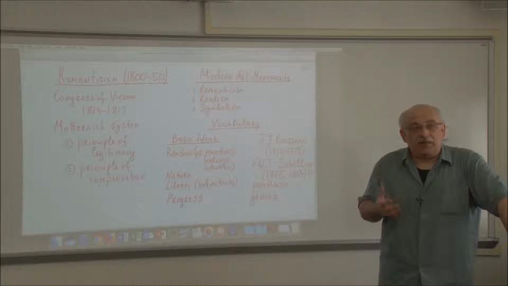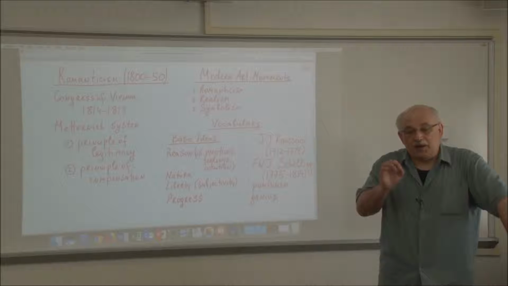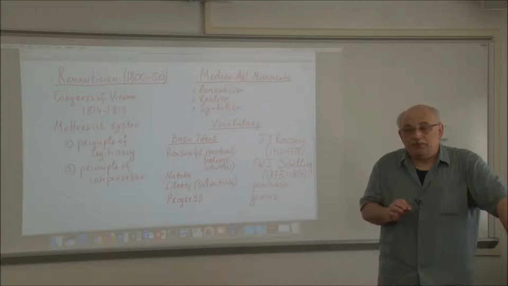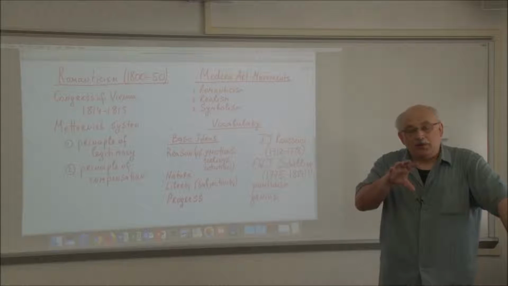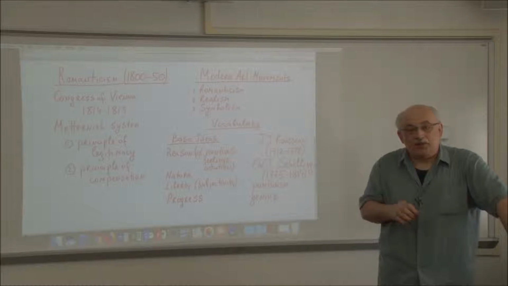Let's say classical Viennese school of music, Mozart, Haydn, early Beethoven. If you listen to Mozart, you will see that his music is very, very precisely composed. It focuses on the rules of composition. Structure is brilliant.